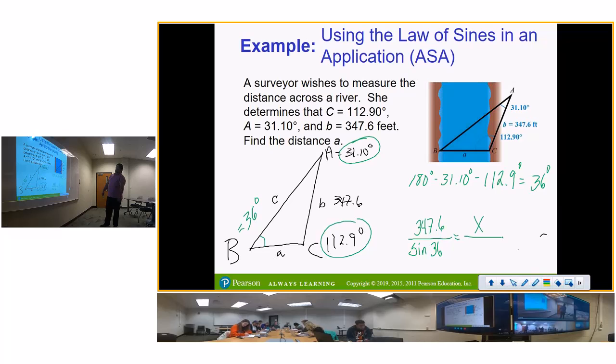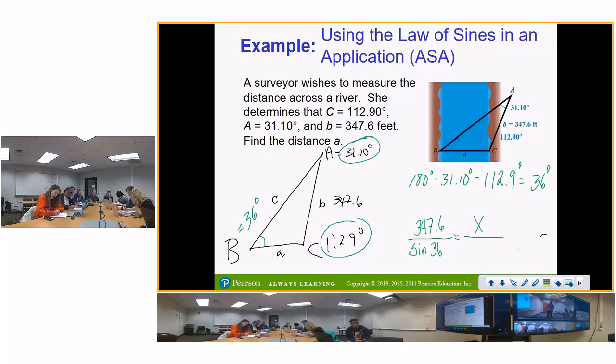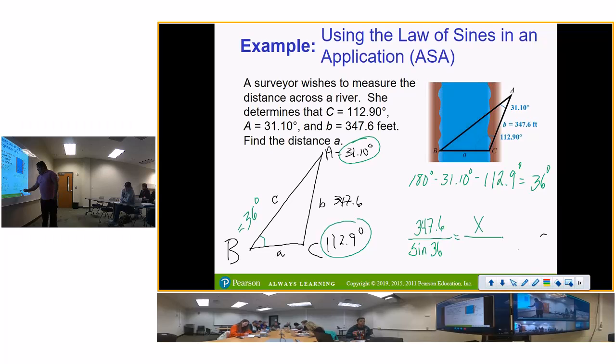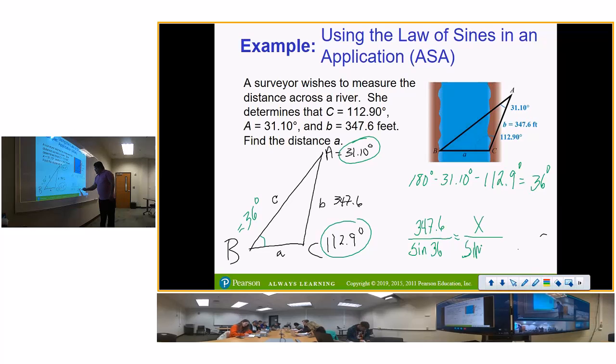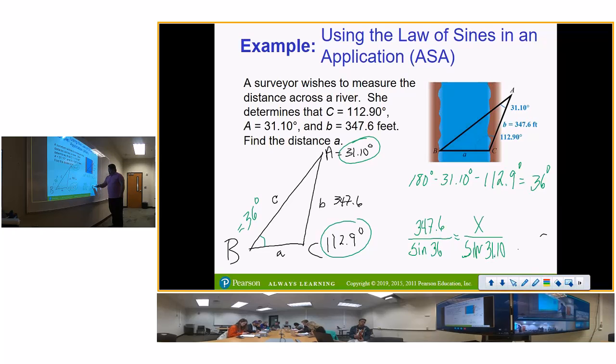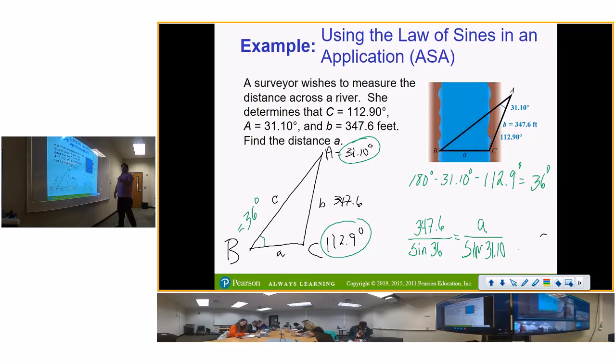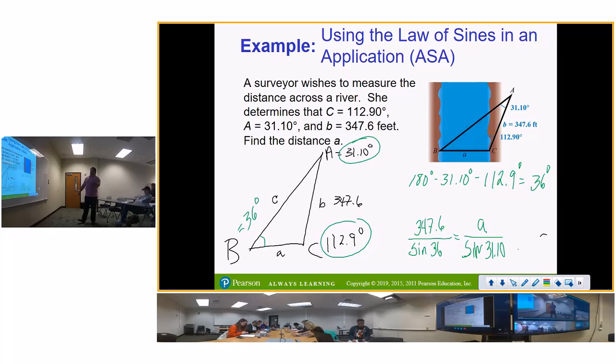No, we already got B. Somebody pick an angle. You want 31.10? Sine of 31.10. Now, as soon as Miss Valaquette picked 31.10, this X turns into a what? A. A little a. You see why I'm saying you can take your pick? If you play your cards right on these angles, it's not much thinking.